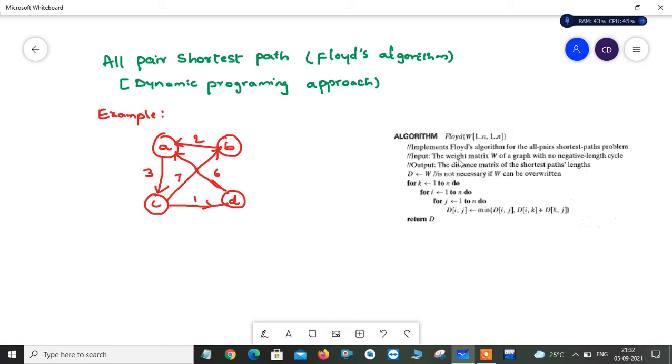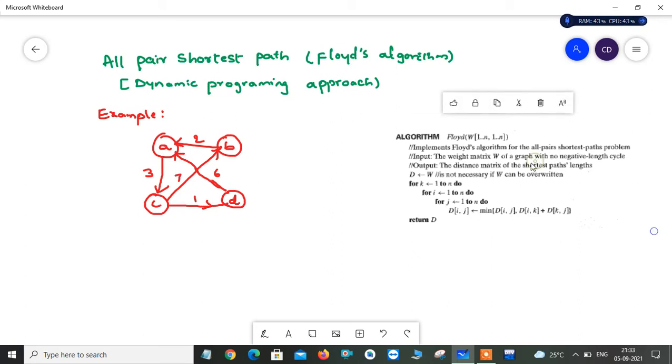The Floyd's algorithm will take a weighted adjacency matrix, so first of all we have to construct a weighted adjacency matrix with some weights. Now we have rows and columns of 1 to n here.